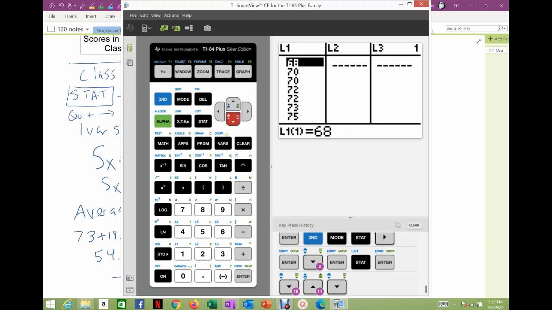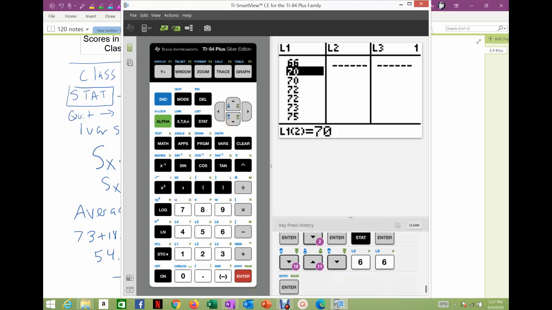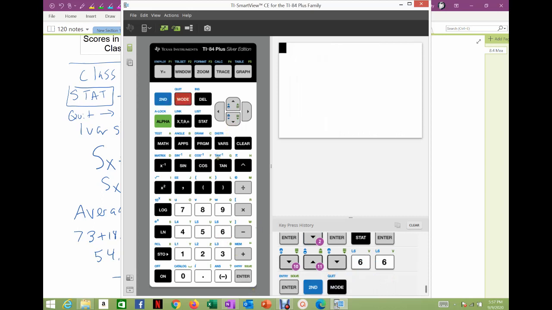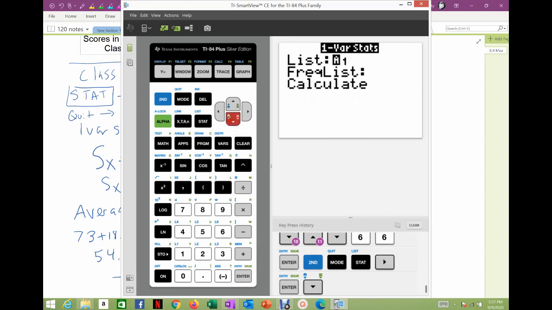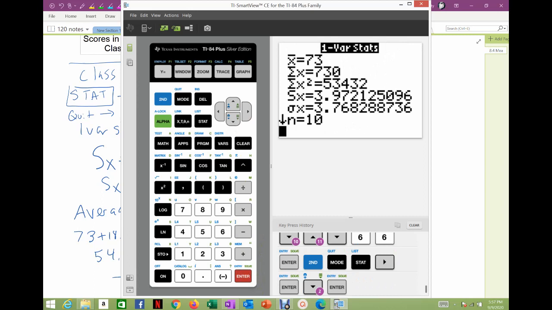Oh, 68. That should be a 66. The very first number I messed up. Quit. Let's try it again. See, I told you. The worst mistake is me mistyping something on these. Calculate. Alright, but I knew the average should have come out 73, and now I've got 73.